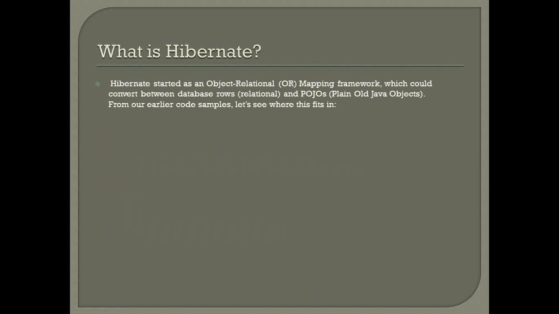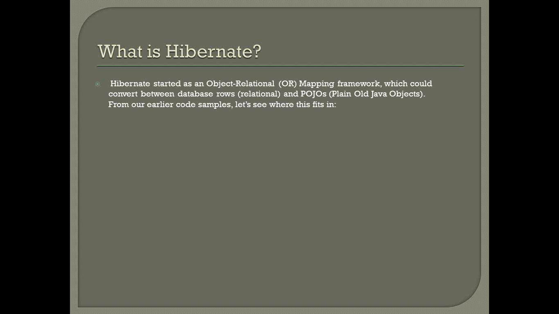Very late in the session, we now come to what is Hibernate. Hibernate started as an object relational mapping framework. Initially it allowed you to map data between your relational databases and your object model.